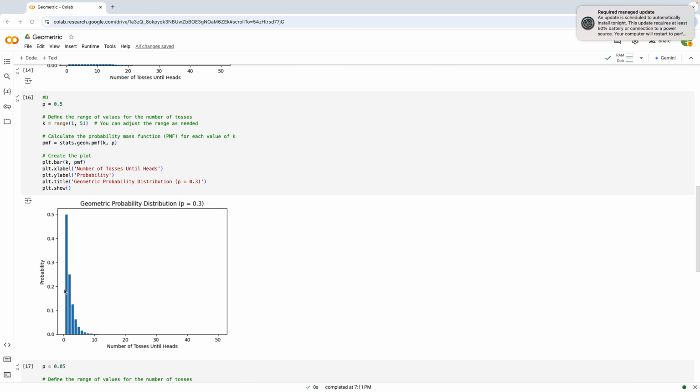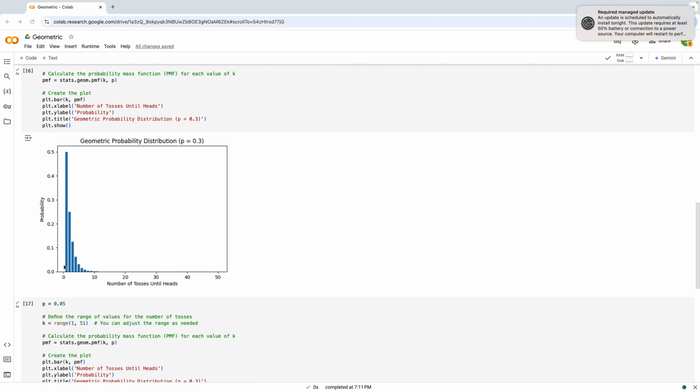It becomes even more likely then that it takes fewer tosses of the coin, because for example, on the first toss I have a 50% chance of getting the heads right away. So these probabilities increase. That first one is 50%, the second one goes down dramatically. And so it's more likely for it to occur with less tosses of the coin.